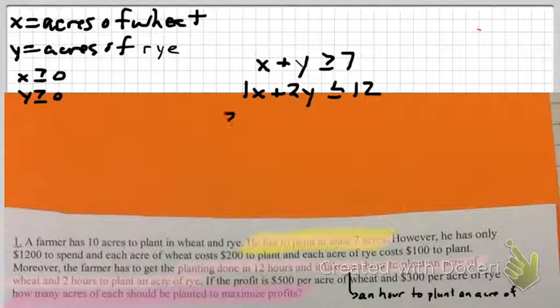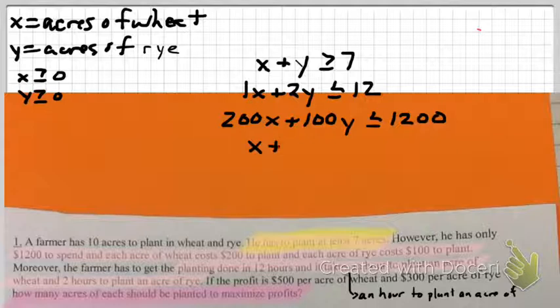Money-wise, and this is what Gritch was getting at, $200 for an acre of wheat plus $100 for an acre of rye has to fit into his budget of $1,200. And then the 10-acre limit: his farm's only 10 acres, which doesn't seem very big to me. I'm no farmer, but that doesn't seem very big.